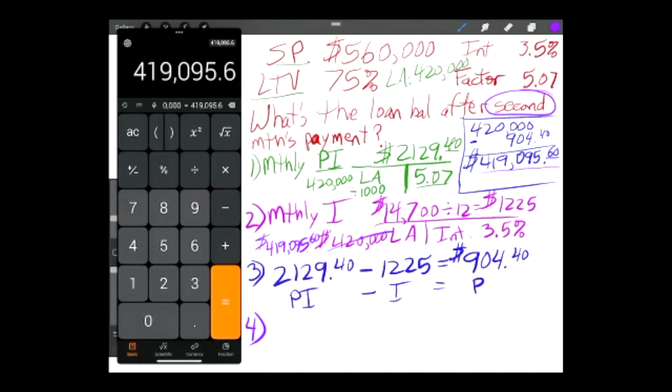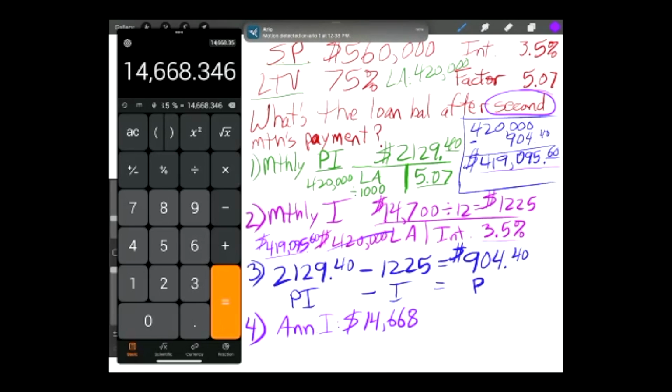And that means we're going to multiply that by the interest rate again, which means our annual interest based on the new lower loan amount was 14,668.